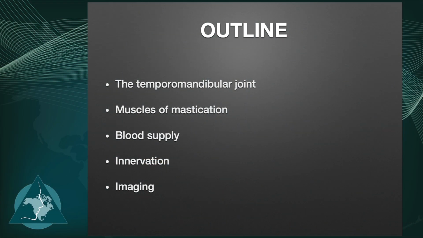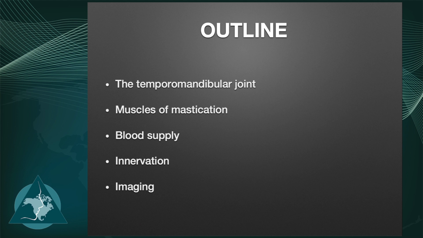Nevertheless, we're going to learn the anatomy of the joint, what some common dysfunctions are, and also what normal function looks like. Before we can talk about dysfunction, we've got to know what the joint looks like and how it operates. We'll get into the muscles of mastication. We'll talk a bit about blood supply, innervation, some of the important aspects, both in terms of what innervates the structures and some considerations regarding treatment.